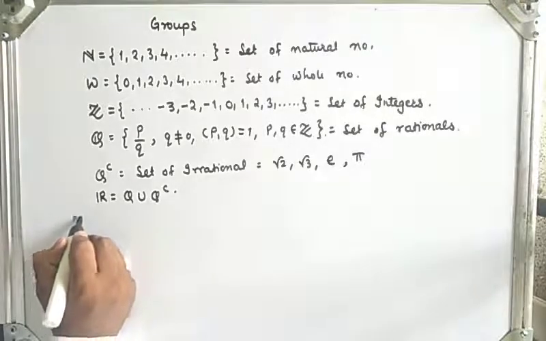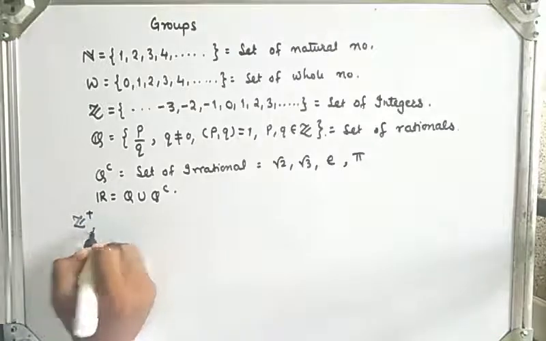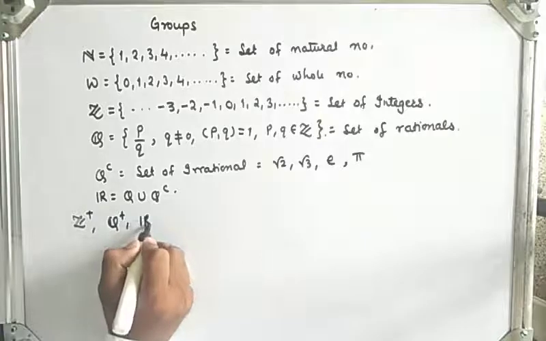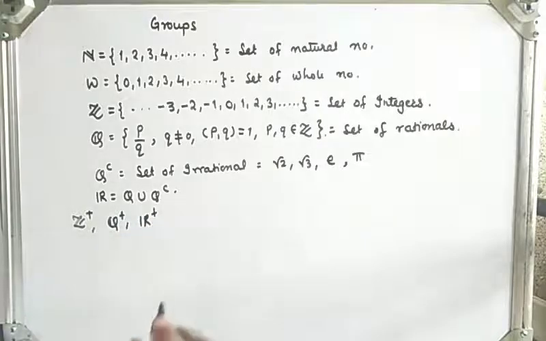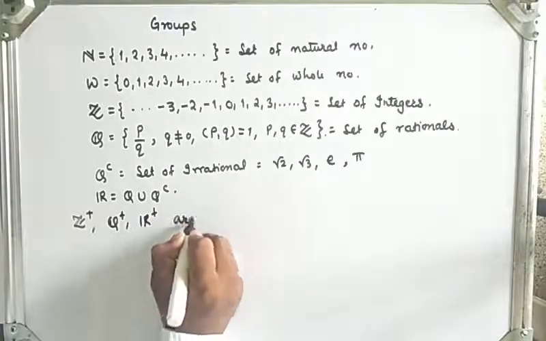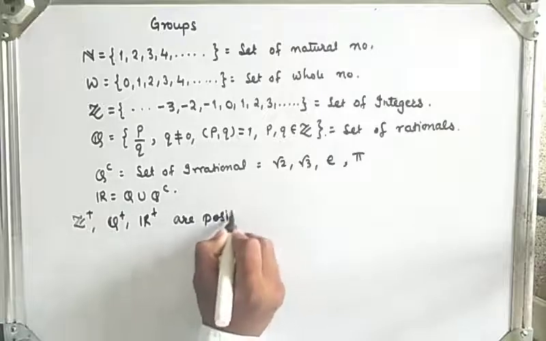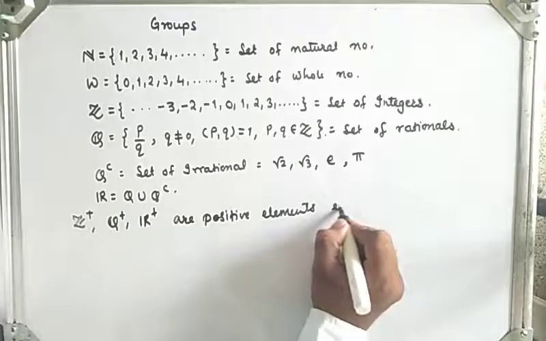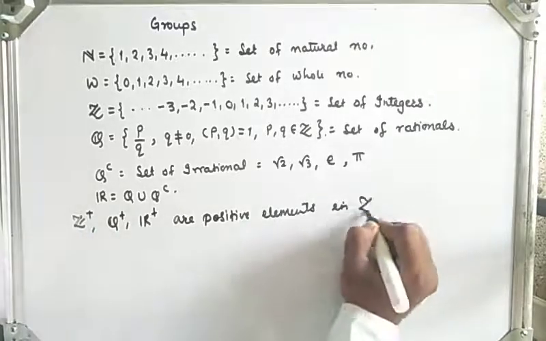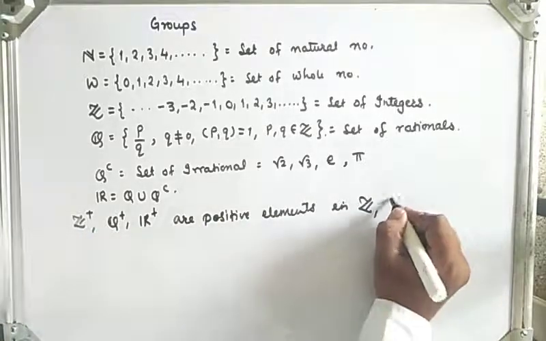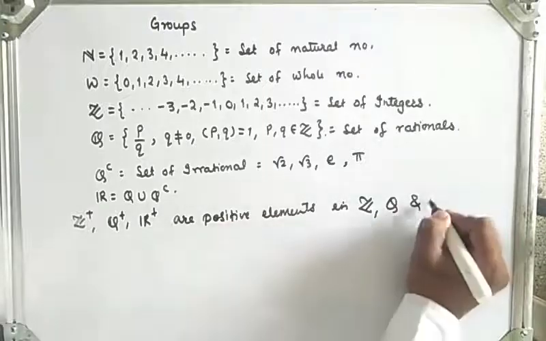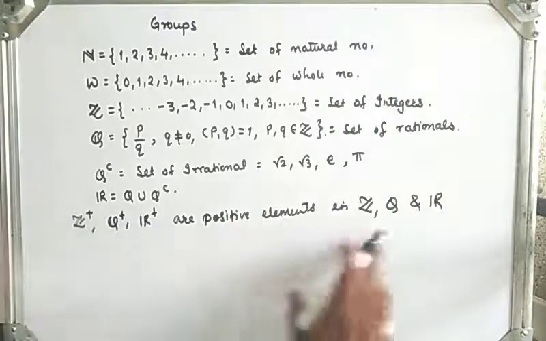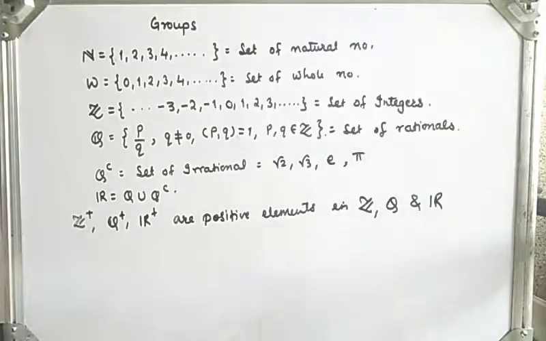Here Z plus, Q plus, R plus are the positive elements in Z, Q and R. So this is the set of positive elements in the integers, rational numbers and real numbers.